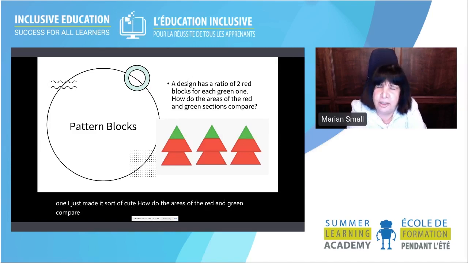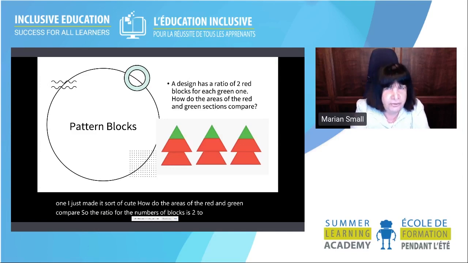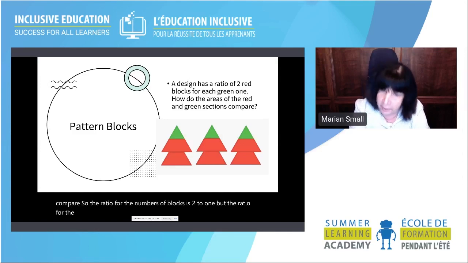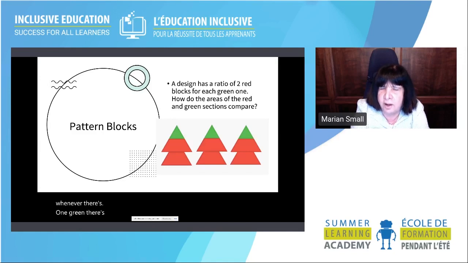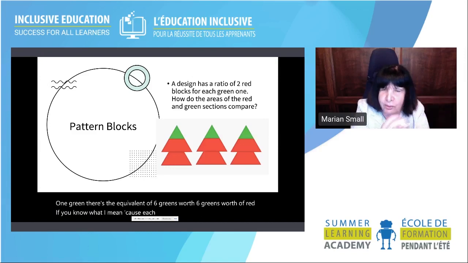So the ratio for the numbers of blocks is 2 to 1, but the ratio for the areas is not 2 to 1. So in this particular case, it looks like whenever there's 1 green, there's the equivalent of 6 greens worth of red, if you know what I mean, because each red is worth 3 greens.